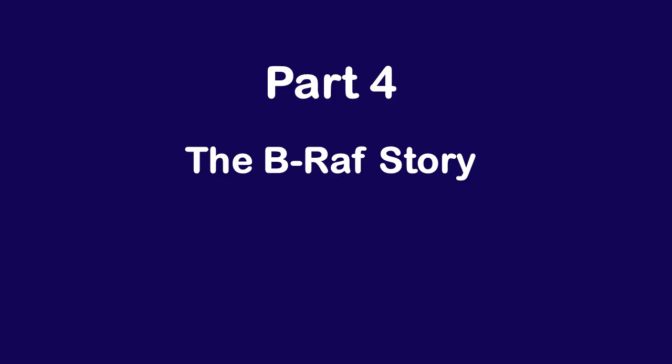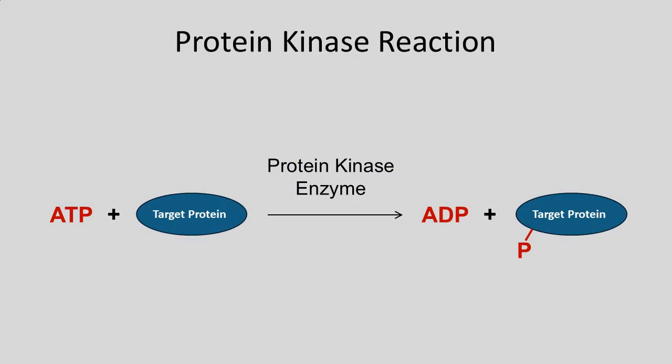Okay, B-Raf is a protein kinase, and protein kinases feature big in this class, so let's start with that. In general, kinases are a class of enzymes that transfer phosphoryl groups to or from ADP or ATP. Protein kinases specifically transfer a phosphoryl group from ATP onto another protein that is the target or substrate of the kinase.